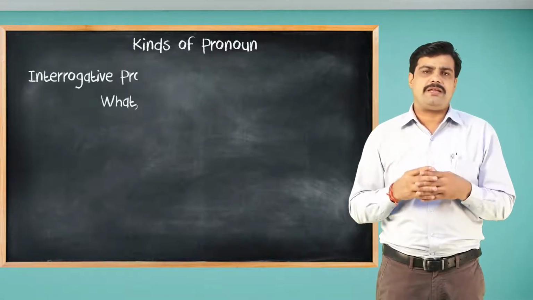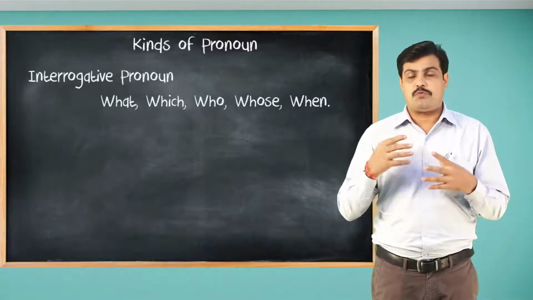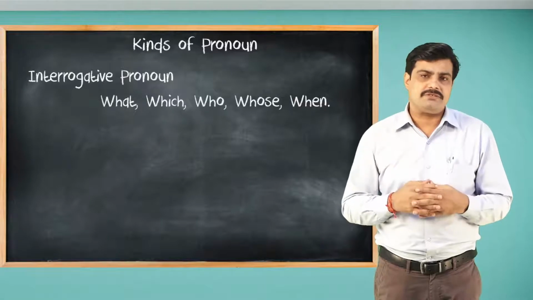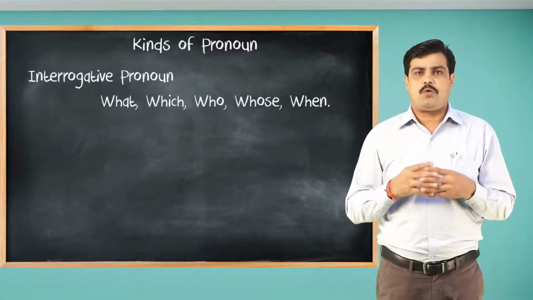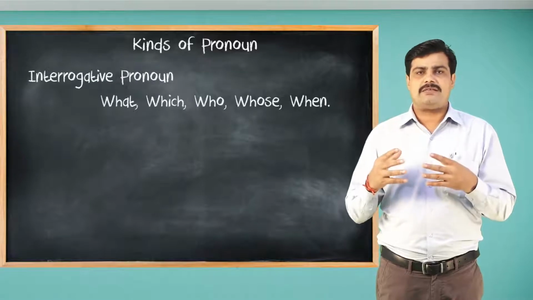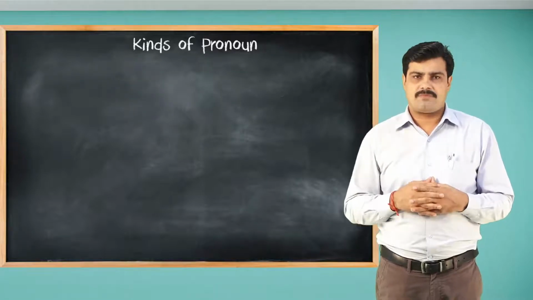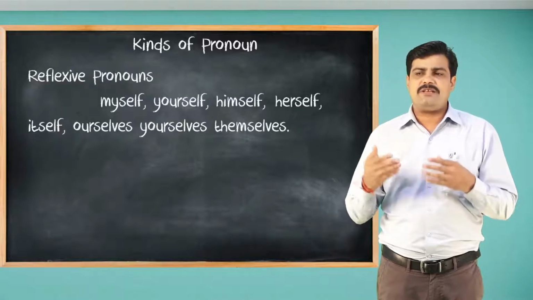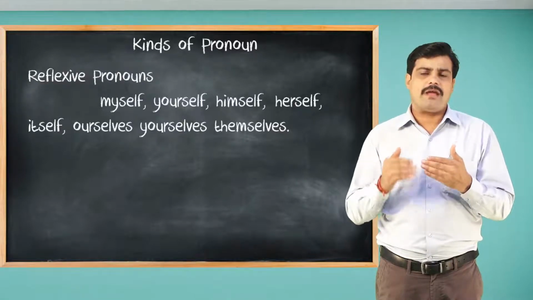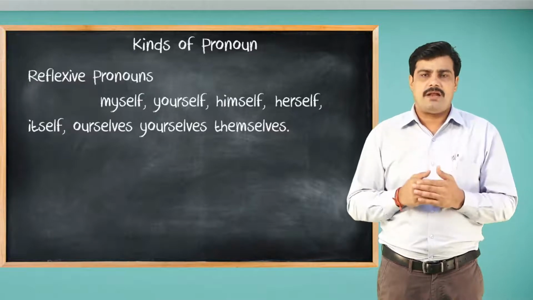Now another one is interrogative pronoun, through which we generally ask questions, and these pronouns are what, which, who, whose and when. Now we have the reflexive pronouns. Reflexive means which reflect back, like myself.